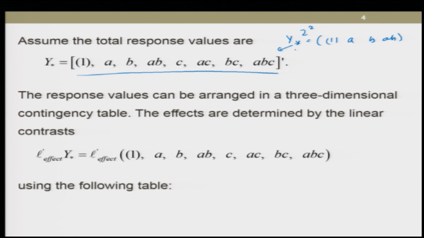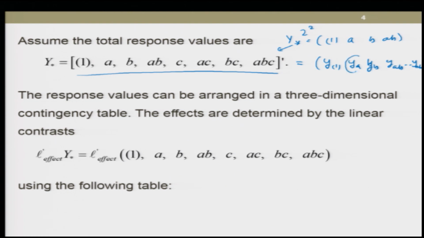So this is actually equivalent to saying that this is the vector of the observation, something like y1, ya, yb, yab and up to yabc. What is the meaning of this? That is the same as we had used in the case of the 2 square factorial experiment.